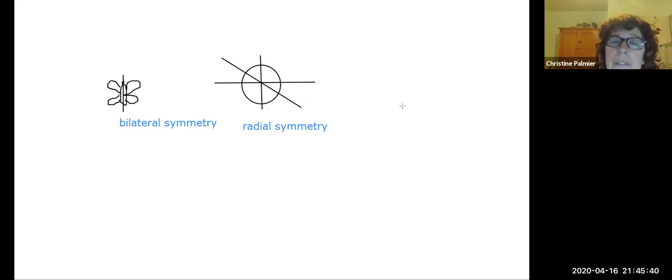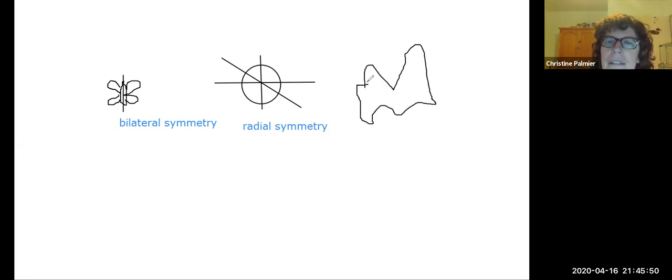Or you can have something asymmetrical. We'll see how I can draw that here. That's a little challenging. But you could have something like this. Okay. And it would be really hard to find a place, like if you did it here, it's not even, because if you did top to bottom, you have this little gap here that we don't have over here.